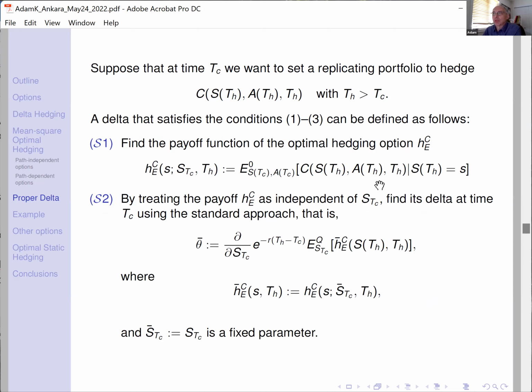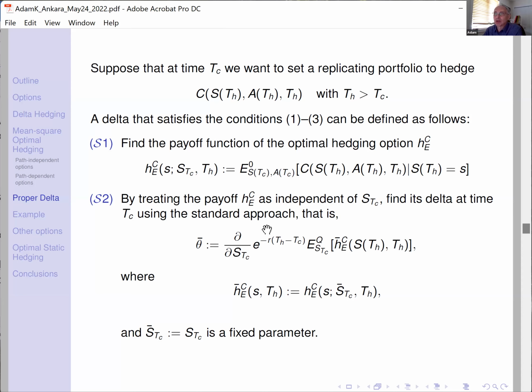So what we do, we calculate the optimal hedging option by using conditional expectation. This hedging option depends on the spot price because the measure I'm using to find the conditional expectation depends on the spot price. But I forget about this. I treat this as a payoff that depends only on the terminal value, like a call option.